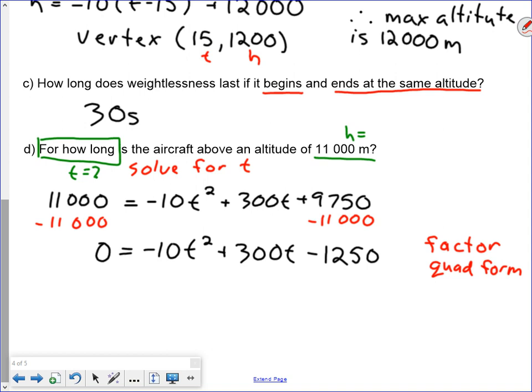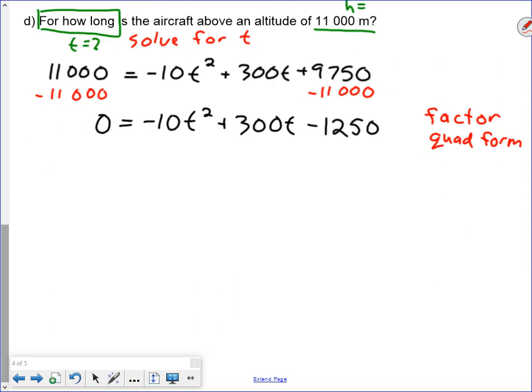This one here is factorable, so I'm going to go ahead and factor it, but you would get the same answers if you used the quadratic formula. So I am going to start by common factoring. I'm going to factor out a negative 10 from each one of these terms. Notice factoring out a negative is going to change the sign of each one of those terms, and I've just divided each one of them by 10.